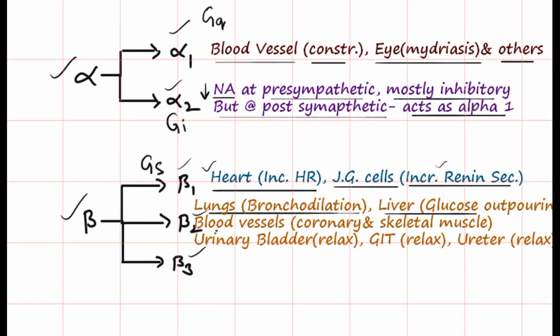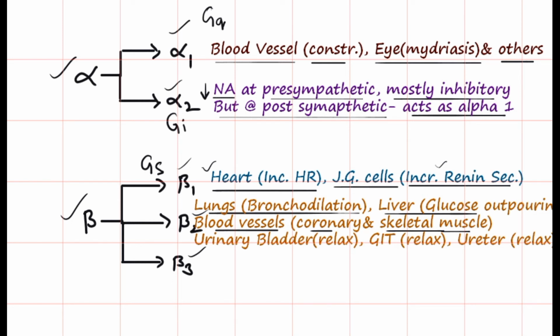Beta 2 receptors are also present in the blood vessels, mainly coronary and skeletal blood vessels, where they facilitate excess blood flow to the heart as well as the skeletal muscle in order to supply nutrients and other requirements during the emergency situation.